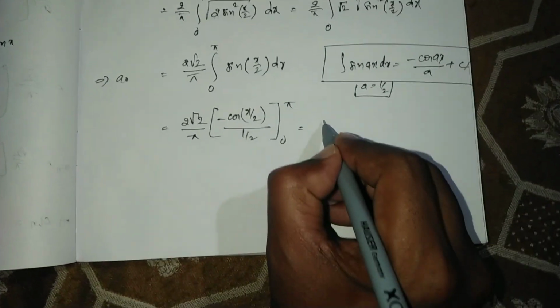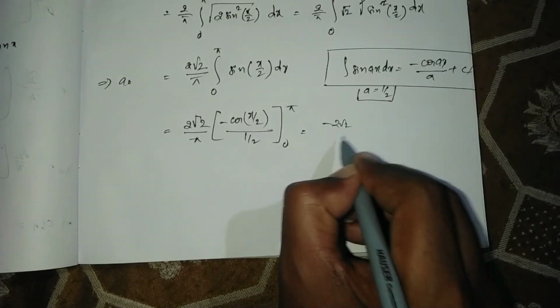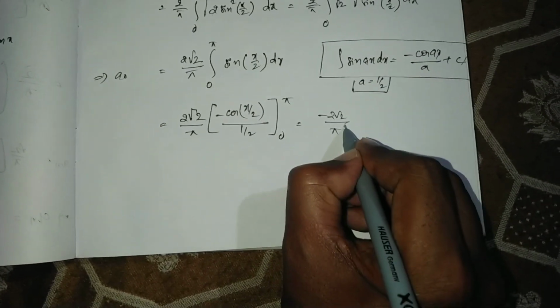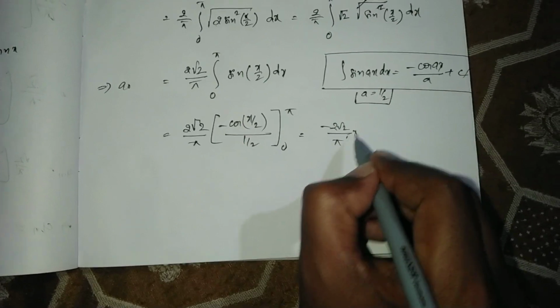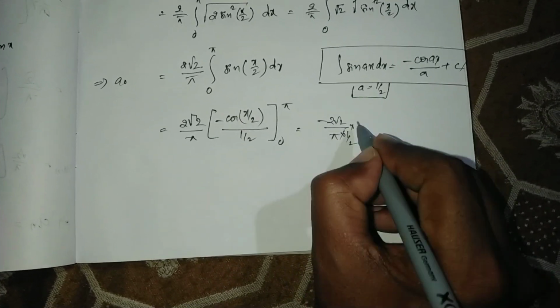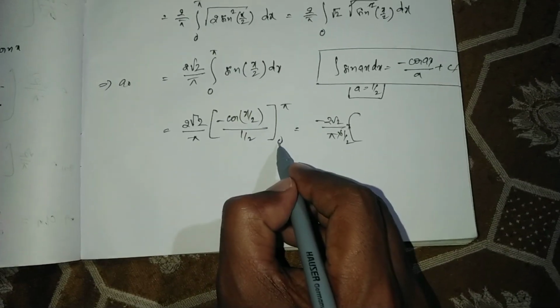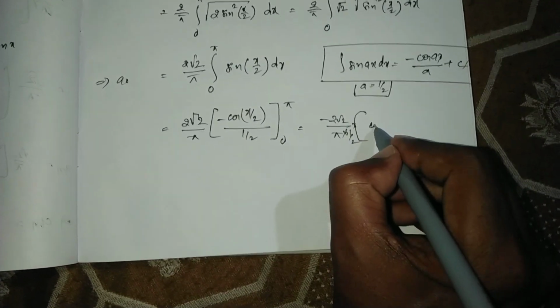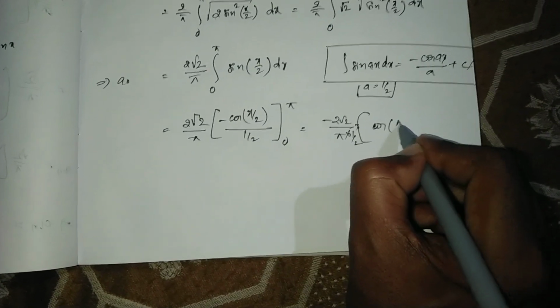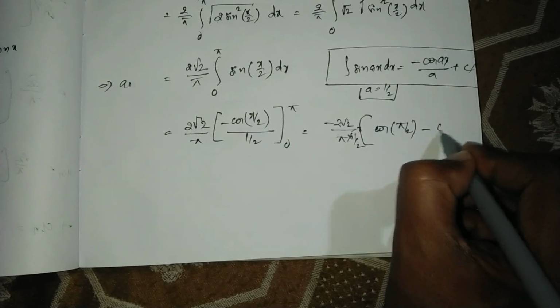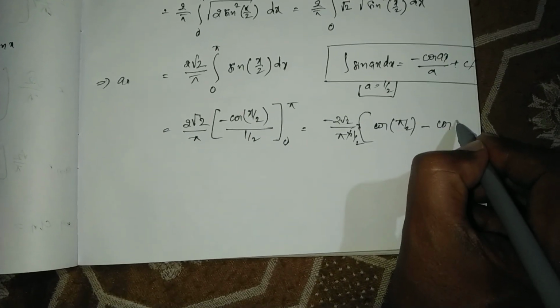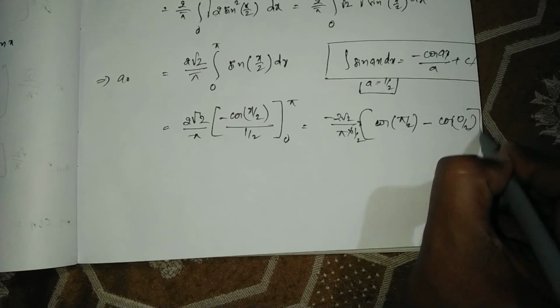That is equal to 2 root 2 by pi into 1 by 2 whole. Now substitute the upper limit and the lower limit in place of x. Then it is cos of pi by 2 minus cos of 0 by 2.